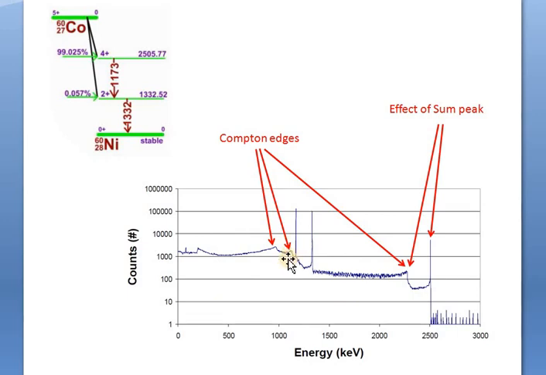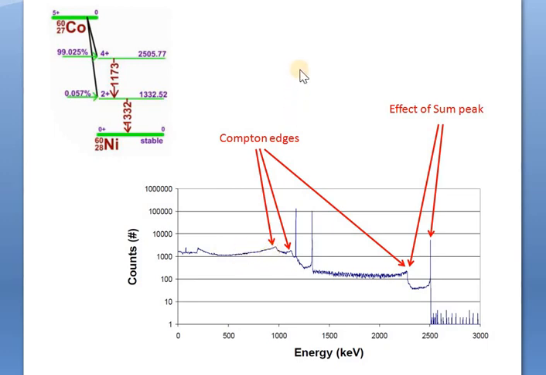This is the edge for 1332, and this is the edge for 1173. Both of the Compton distributions are superimposed over here.